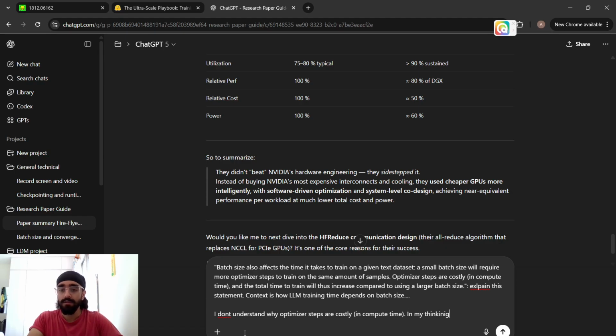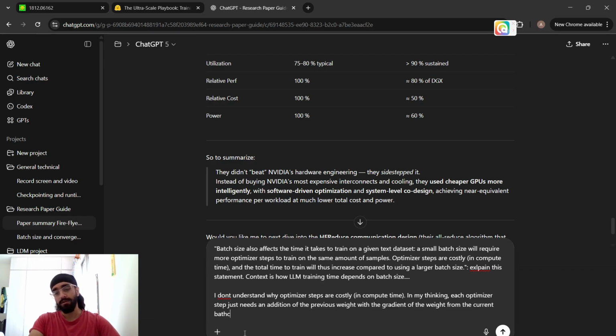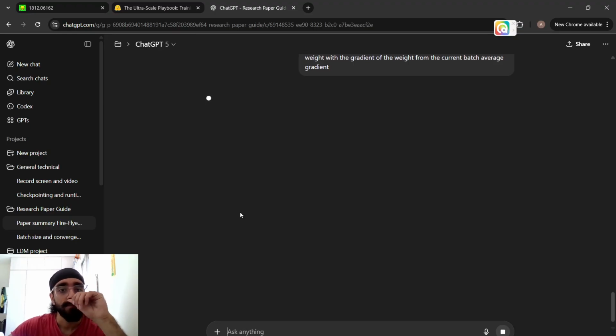In my thinking, each optimizer step just needs an addition of the previous weight with the gradient of the weight from the current batch, the average gradient. Let's see what ChatGPT says.